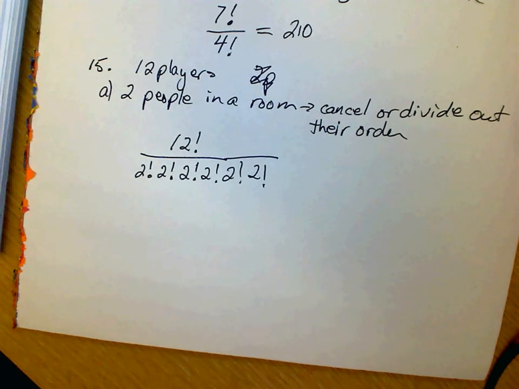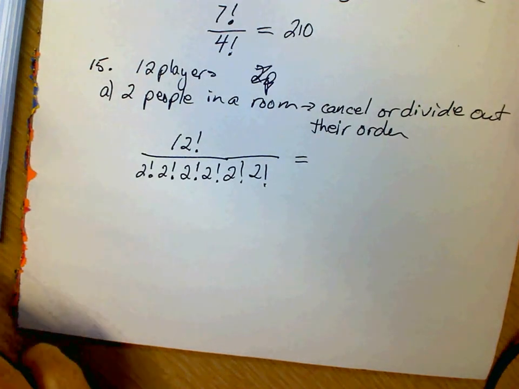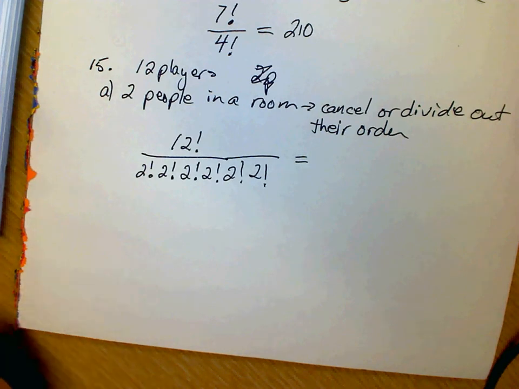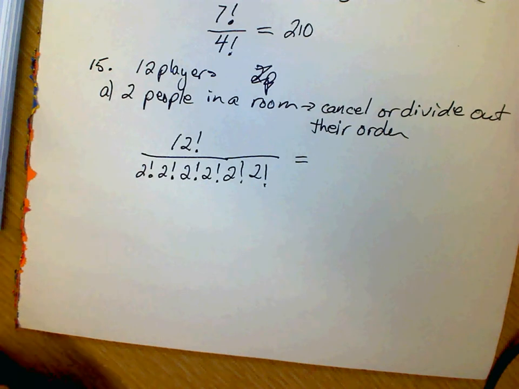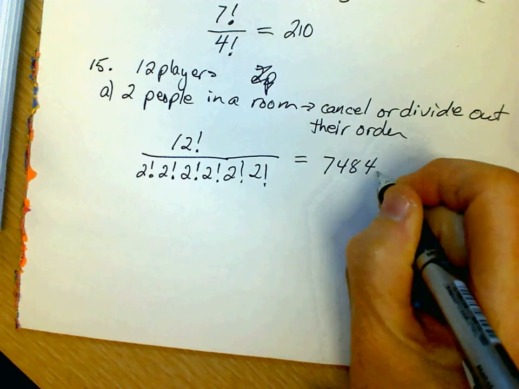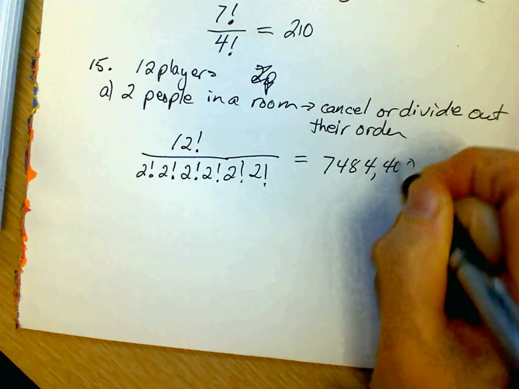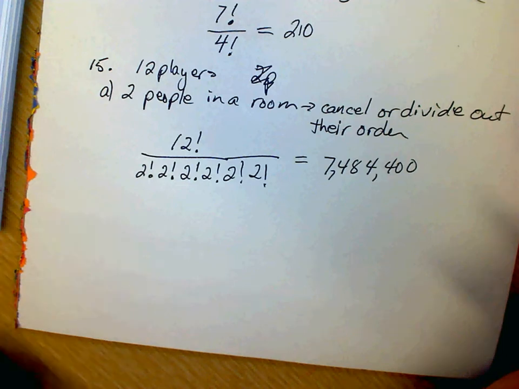So if we were to work that out, we would get 12 factorial divided by 2 factorial 6 times. I get 7,484,400. Is that the answer, 15A?